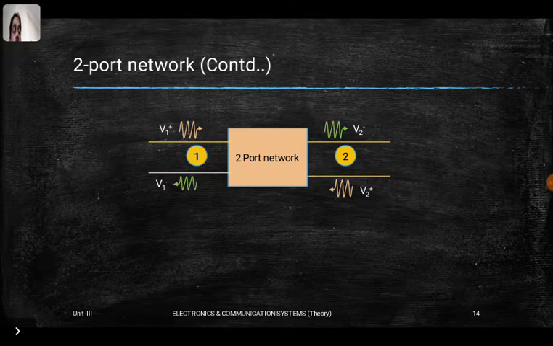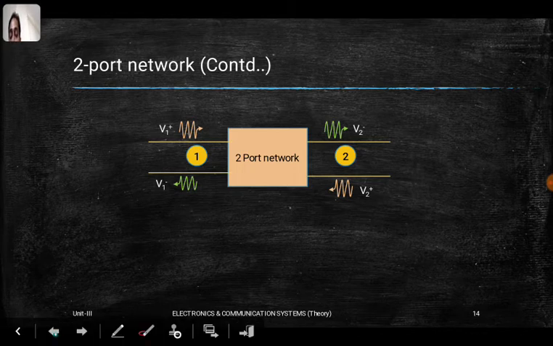And V2 plus is the voltage incident on the second port, which can come from another system connected to this cascaded system. Any device connected to this may cause a reflection coming from there, that is V2 plus. And V1 minus is the reflection from the first port. It can be reflected from the first port, or part of V2 plus can go into V1 minus.